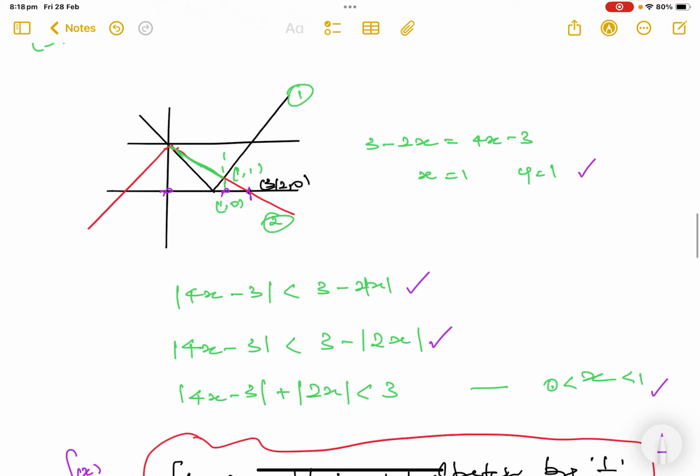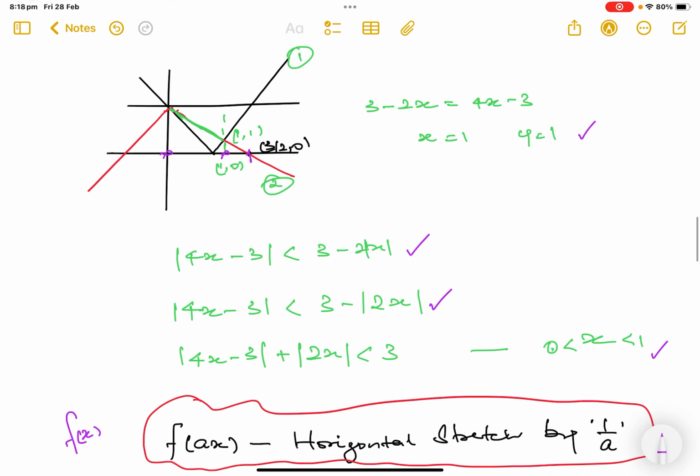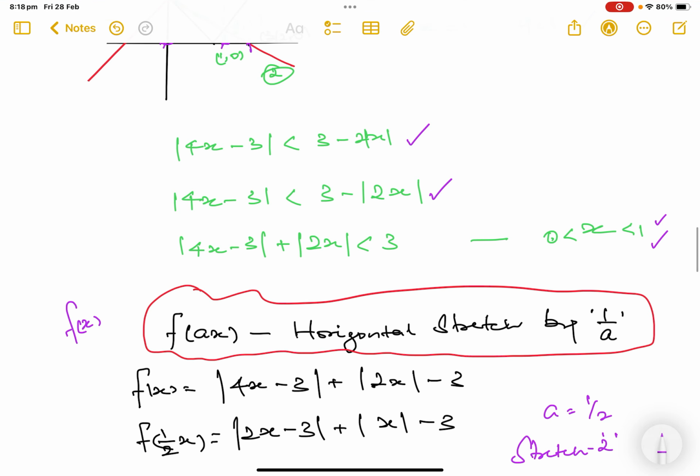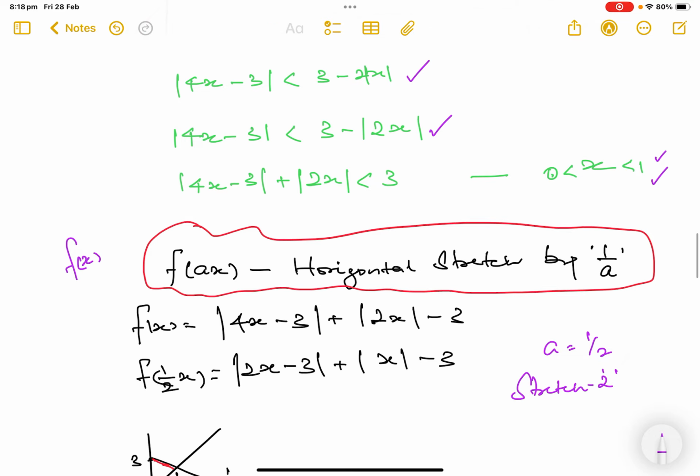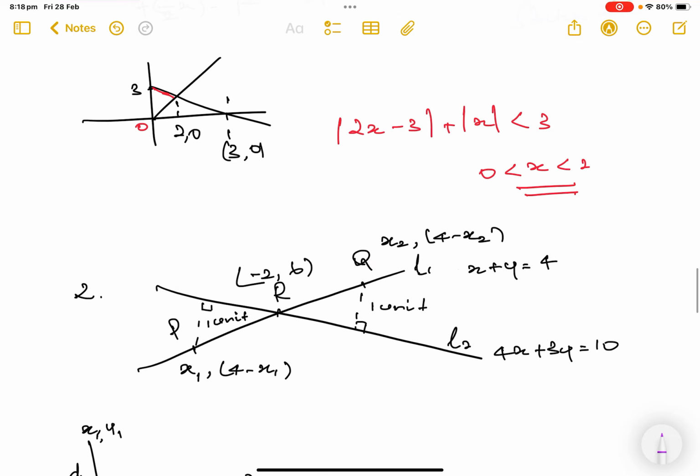Before this was (1, 0), which we wrote here. Now the 1 is stretched by 2, so it becomes (2, 0). So for modulus 2x minus 3 plus modulus x less than 3, the range would be x between 0 and 2. Before, it was 0 to 1, and now it's stretched by 2. So this is the answer.